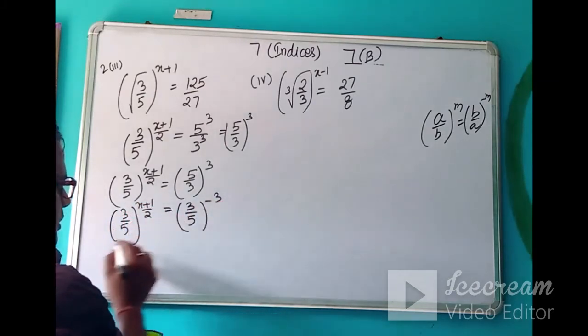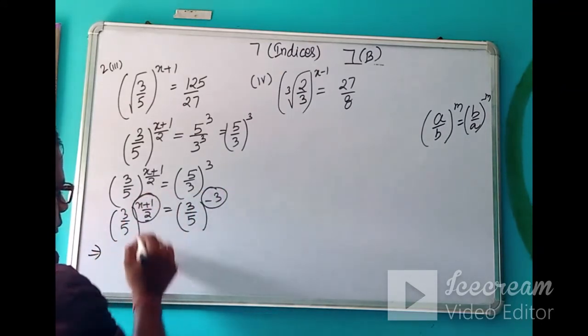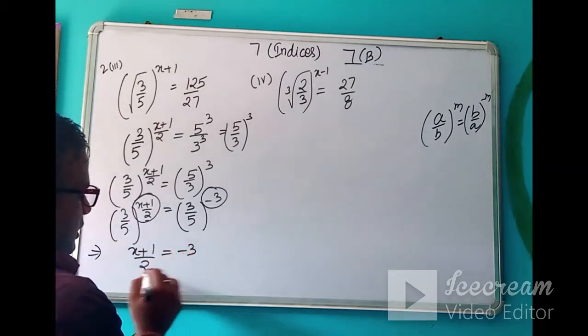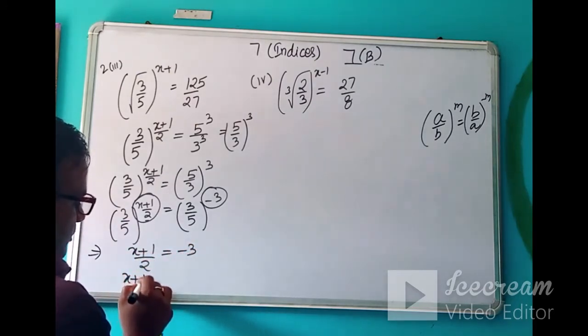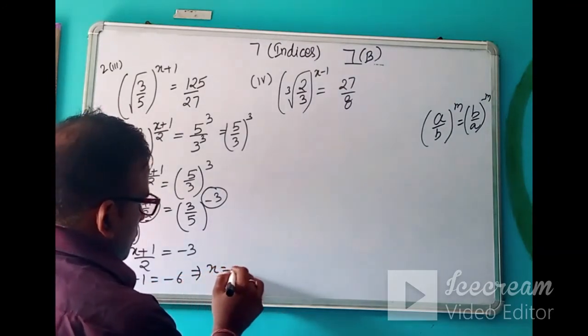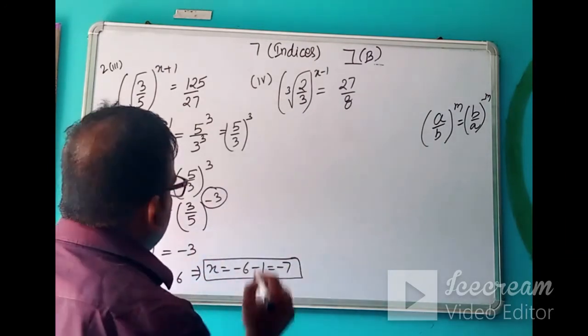Now see, both the bases are same. So we will compare these two. So when you compare, you will get x plus 1 by 2 is equal to minus 3. And from here you will get x plus 1 is equal to minus 6. And that means x is equal to minus 6 minus 1, that is minus 7.